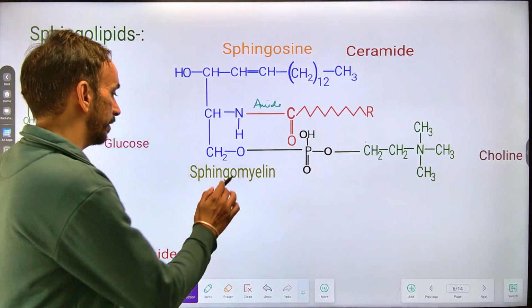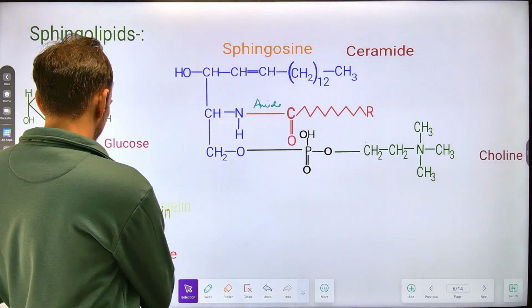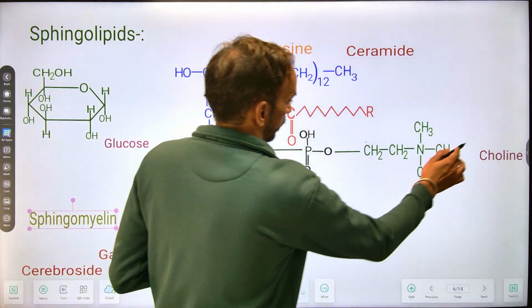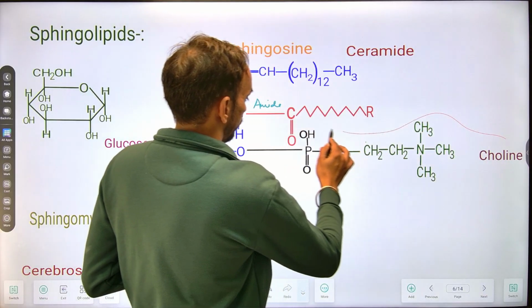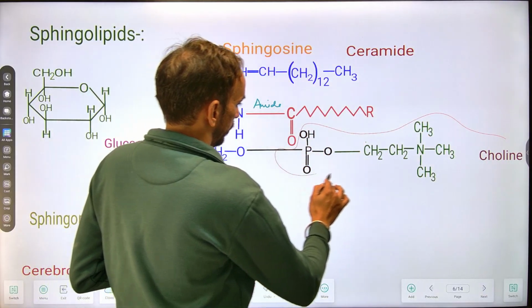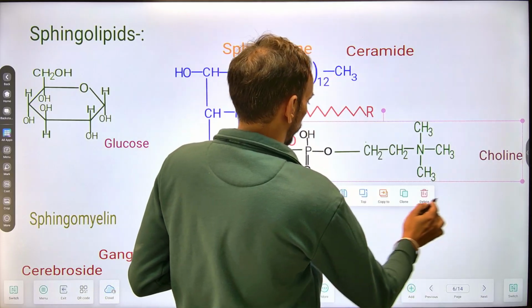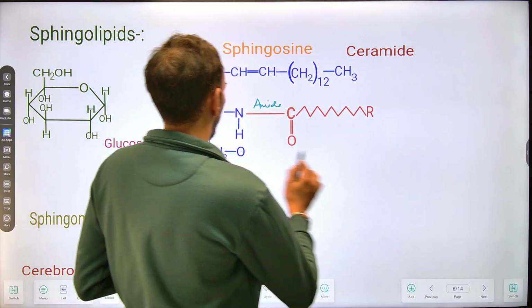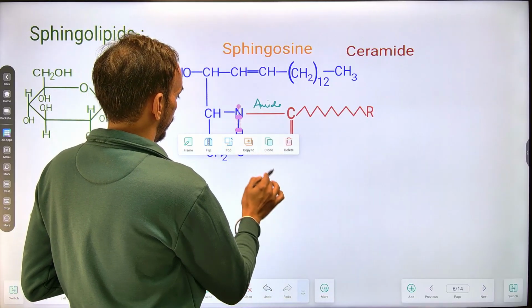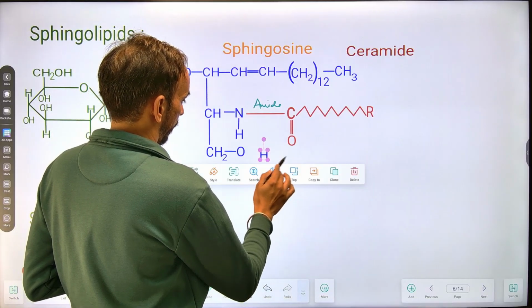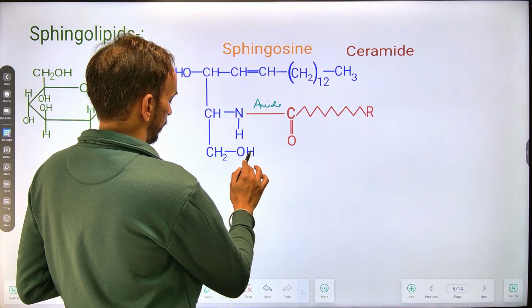Similarly, अगर जो आपका सीरेमाइड है, on this ceramide, उस पे मान लीजिए आपने कुछ भी ऐड नहीं किया, फॉस्फोकोलिन ऐड नहीं किया है, you are having a ceramide.